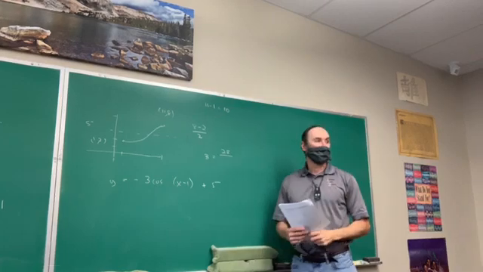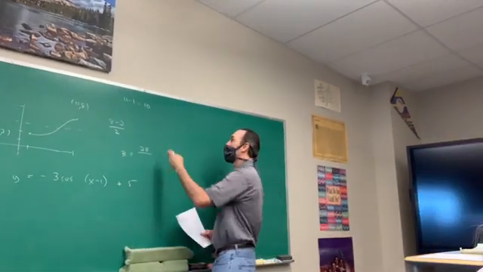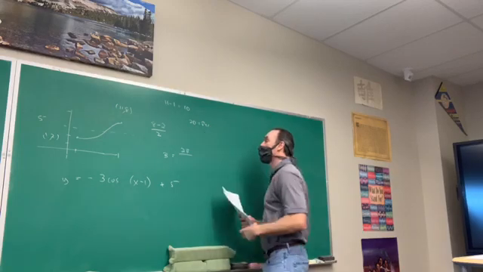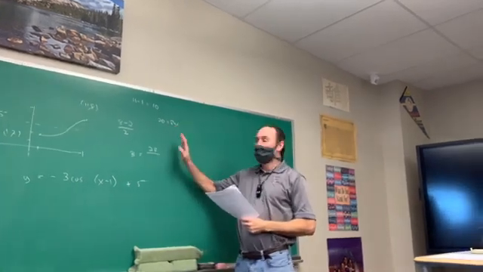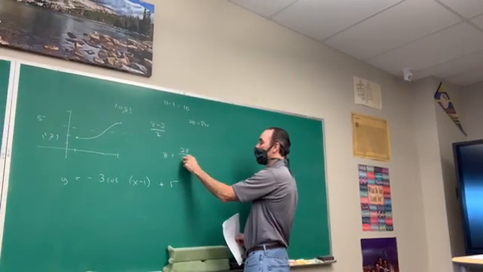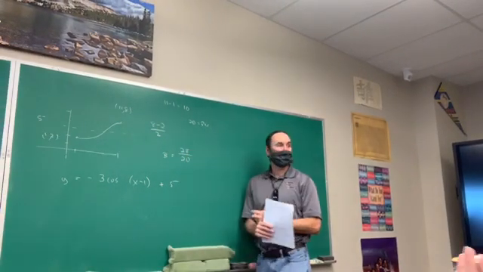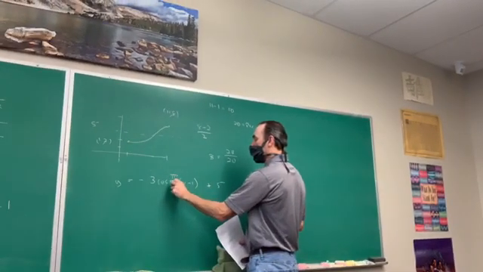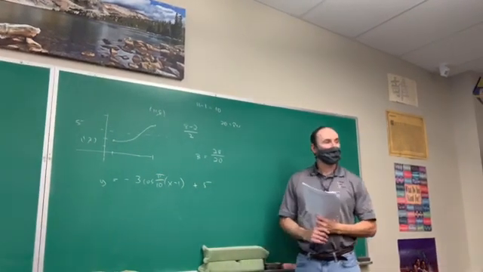That's our half period. So if we multiply that by 2, then the period of this graph is going to be 20. And so the B is going to be the natural period 2 pi divided by the actual period 20. And that's going to make B be pi over 10. Okay.